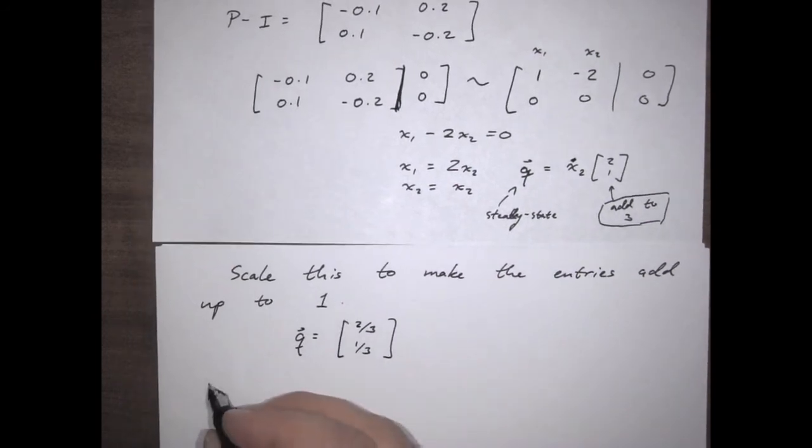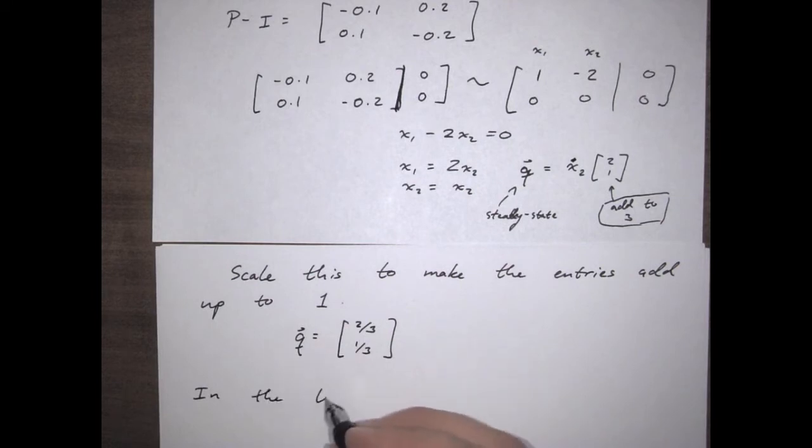And what this means is, in the long run, two-thirds of the population will be married, and 1/3 will be single.